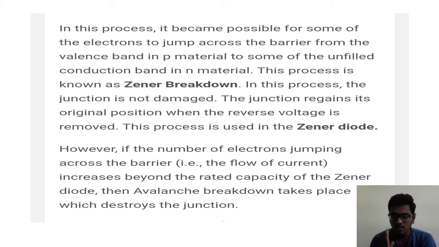In this process, the junction is not damaged and regains its original position when the reverse voltage is removed. So this process is used in the Zener diode. The other one is avalanche breakdown, which destroys the junction.